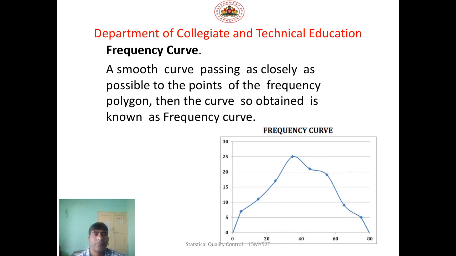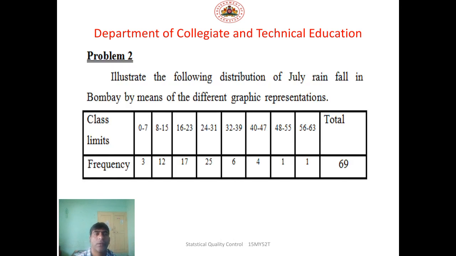Okay, next moving on, we will have a problem. So a problem, you note down a problem. Illustrate the following distribution of July rainfall in Bombay city by means of different graphical representations. So here we have given a table, okay, a class limit and frequency.